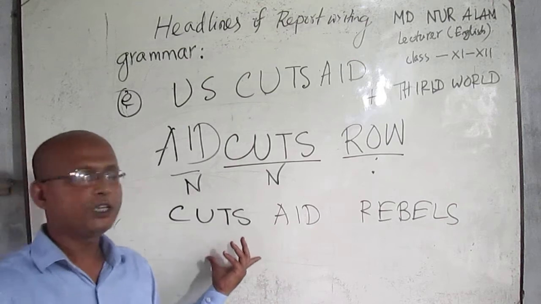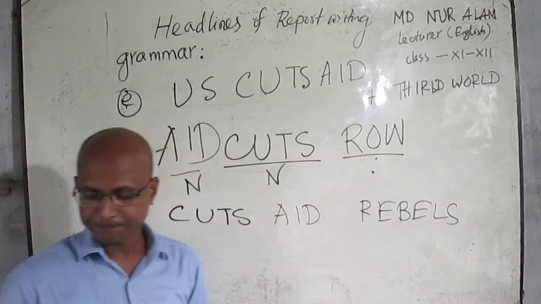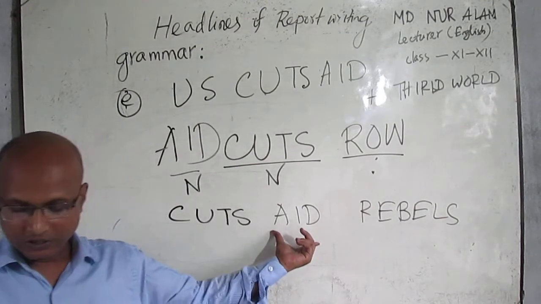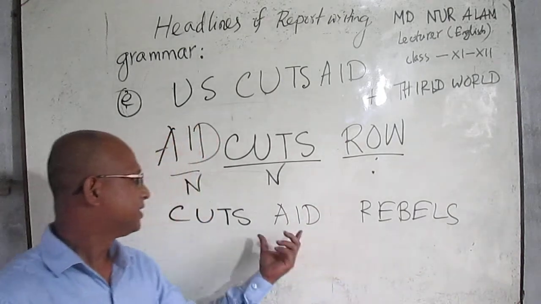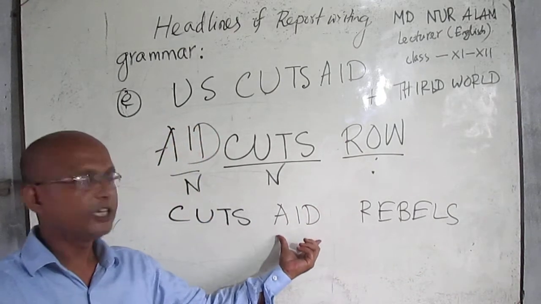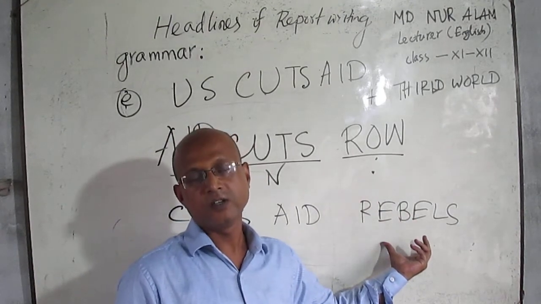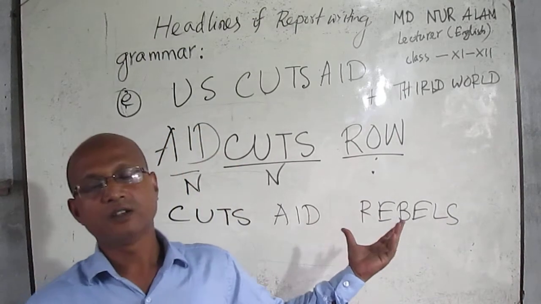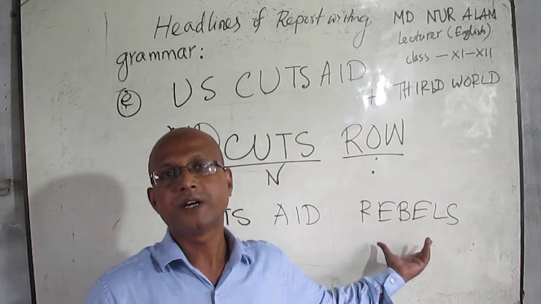So the meaning of this headline is: the reduction in aid is helping the revolutionaries. The reduction in aid or help is helping or assisting the revolutionaries, the people who are trying to strike or go against the rules of a particular country.